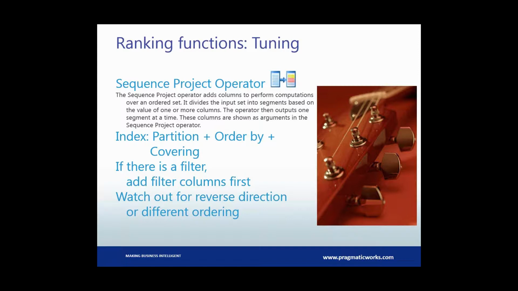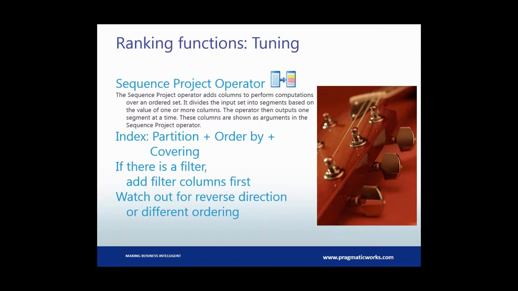It can either be the clustered index for the table, or it could be a non-clustered index. I want to make sure that the first column in that index key is the partition column, followed by the order by, and then we want to include any extra columns we need to make sure that it is covering. If there's a filter in the query, then add those filter columns first before the partition.